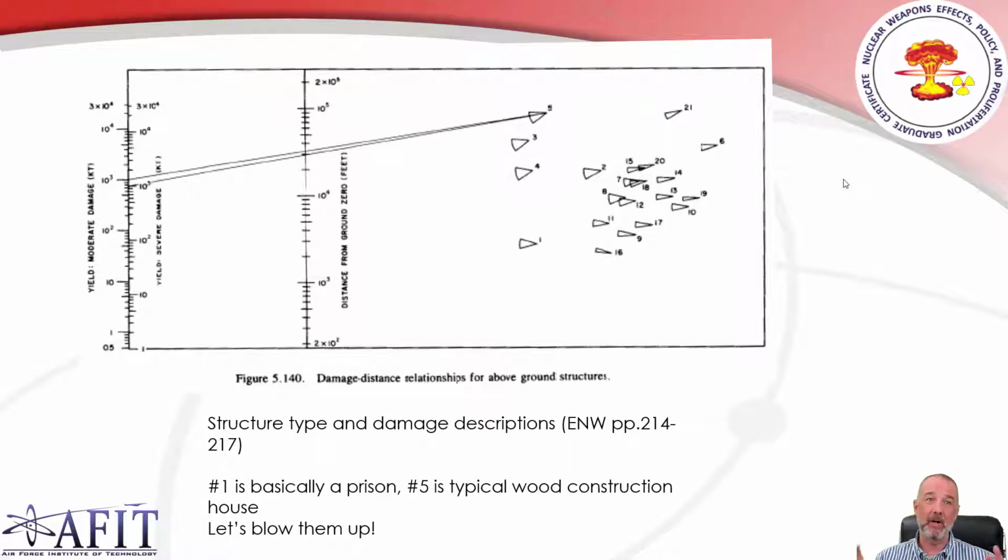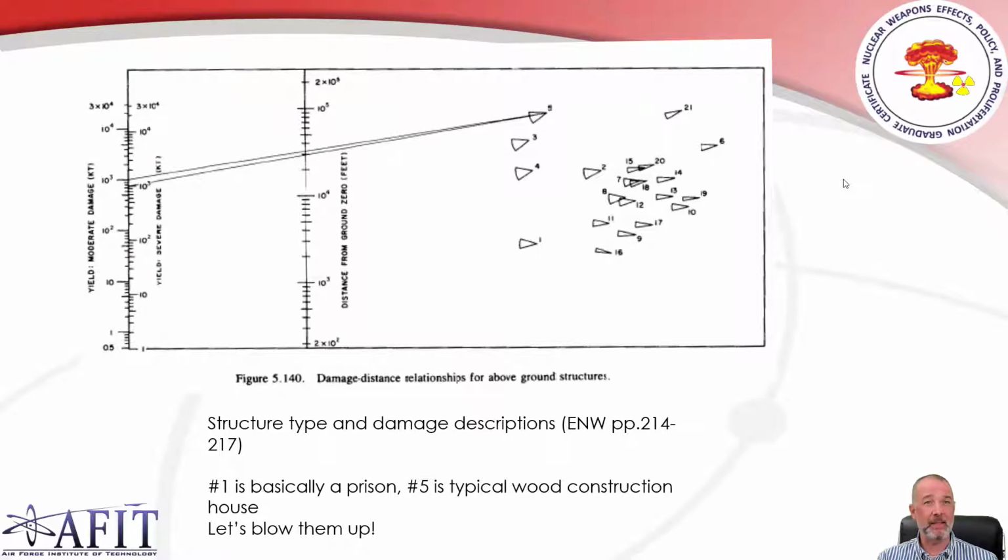It's based off of weapon output, structure type, and distance from structure. So it generalizes and lumps in all of those different categories or parameters that we looked at for determining overpressure and dynamic pressure. And it just averages them out, I suppose.